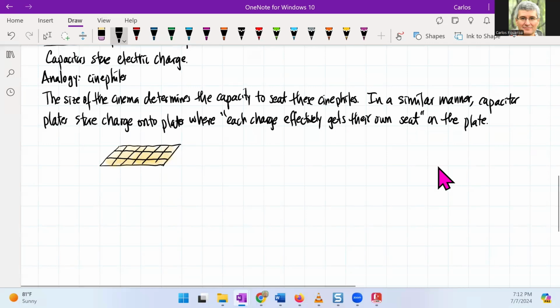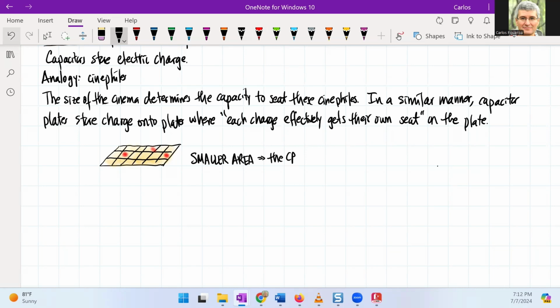So I could come in here and I could just say, yep, I'm placing a charge here, I'm going to place a charge there, here, etc., etc. So in this case, if I have a smaller area, that tells me the capacity to store charge is small.